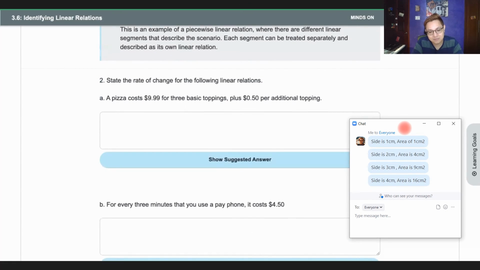2. State the rate of change for the following linear relation.